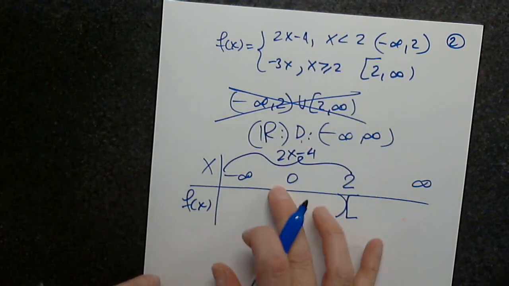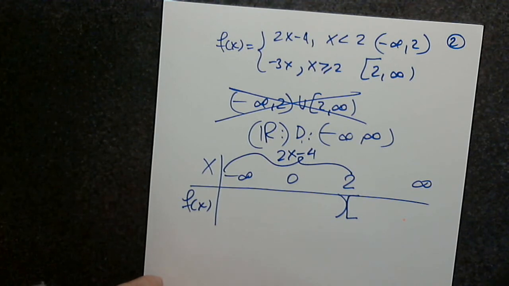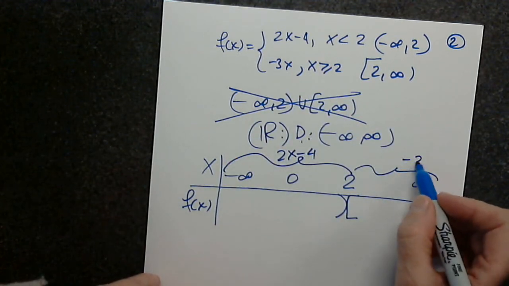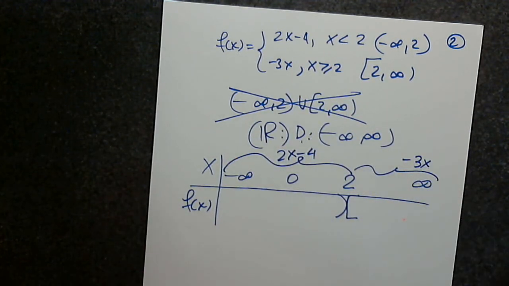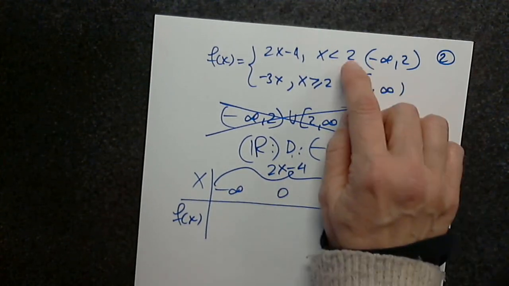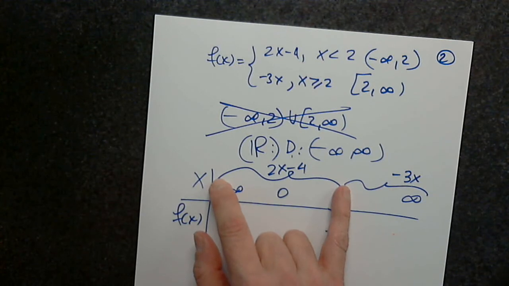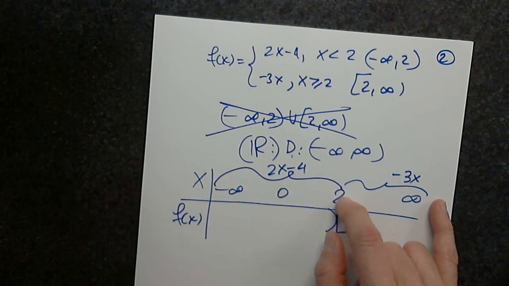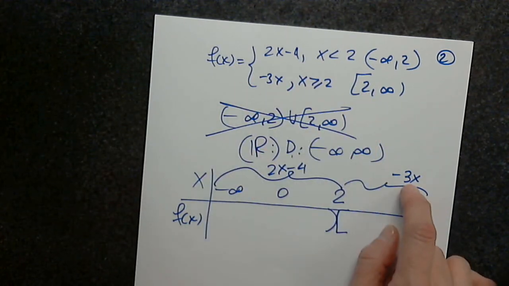That's why I put this here. It's already split. And then on this side, I put negative 3x. One student reversed these two, and everything was unacceptable. I couldn't give any credit. So that's why I write it here. So to the left-hand side of 2 is 2x minus 4. To the right-hand side of 2 is negative 3x.